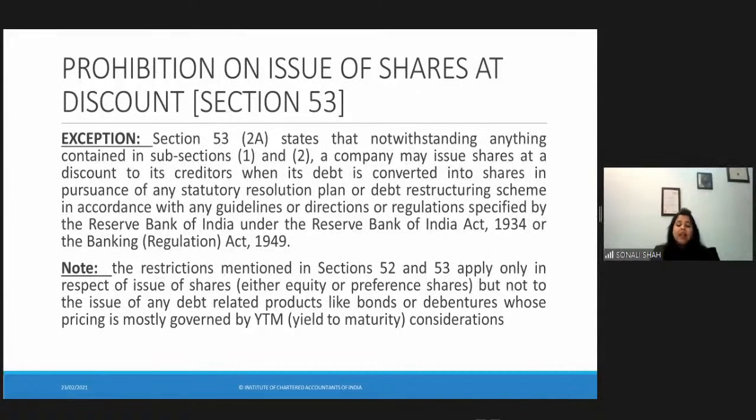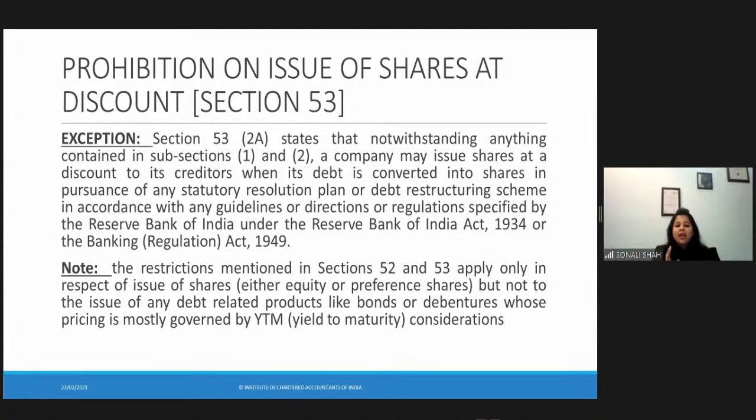So let's say the creditor is supposed to receive rupees 10. Because the company does not have rupees 10 to return to the creditor, in the debt restructuring plan the company will issue shares to the creditor at a discounted price. So let's say if the face value of one share is rupees 10, instead of one share, 2 shares will be given to that creditor.